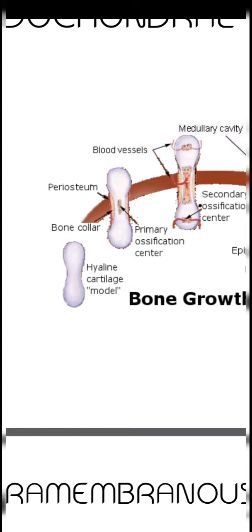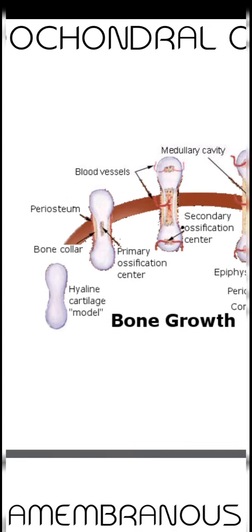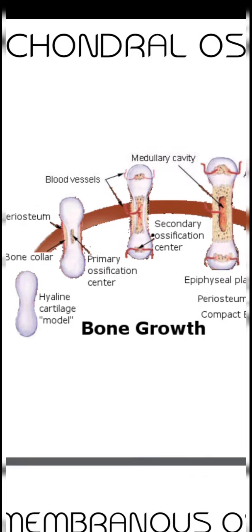Here it is a hyaline cartilage model, the first step in bone formation, just a model is formed. The first center to appear that starts transforming cartilage into bone is known as the primary ossification center. There is a layer that covers the whole bone from outside, that is known as periosteum. Endothelial, you can say endothelial lining. Okay, sorry, epithelial lining.